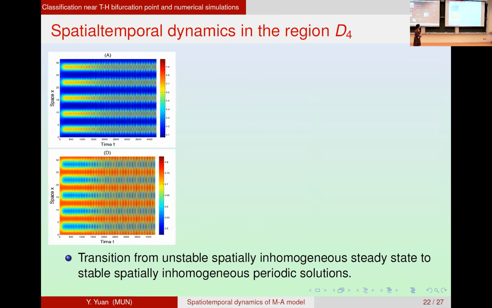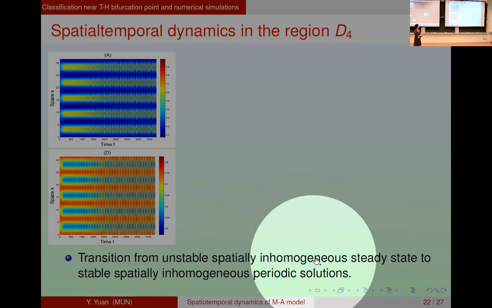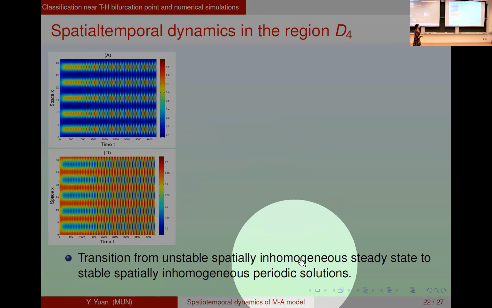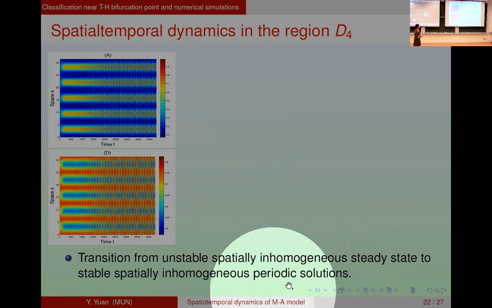Besides this one, there is another one. The other one is from the unstable, spatially inhomogeneous steady state to a periodic solution, but this periodic solution is stable and spatially inhomogeneous.